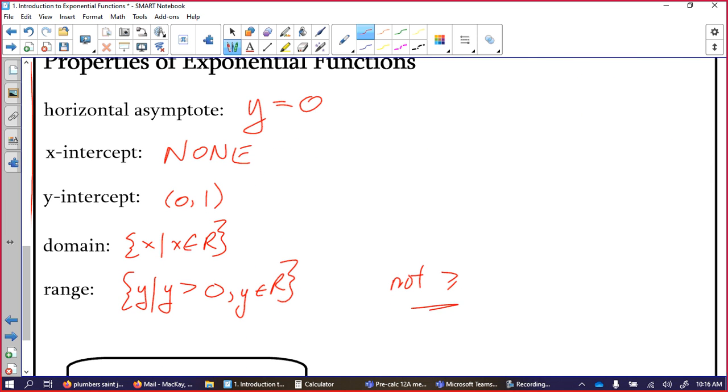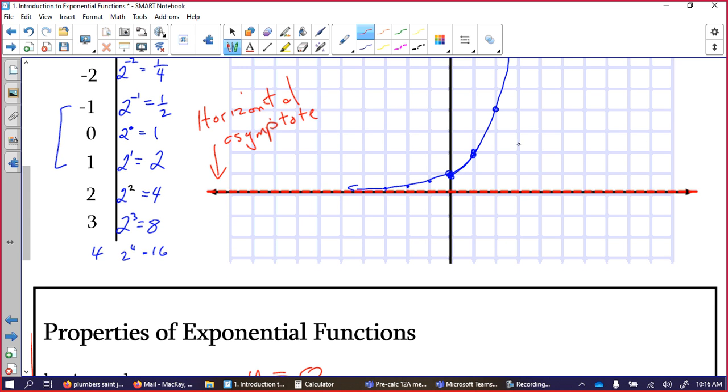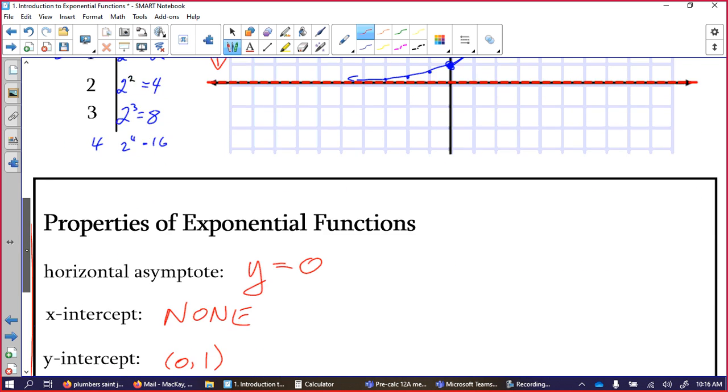So if I ask you a domain or a range, you have to be able to tell the difference with a parabola or a radical function. It's greater than or equal to because it can be that value. But with an exponential function, it won't actually ever hit there, and we'll usually draw an asymptote in.